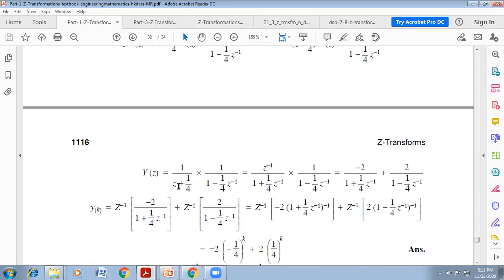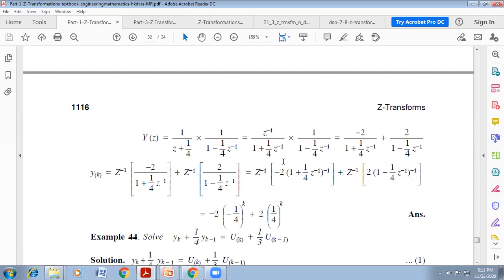Now taking Y(z) equal to this, we take z common, because z is greater than 1. Taking z common, 1 plus 1/4 z inverse, where z inverse is 1 by z.